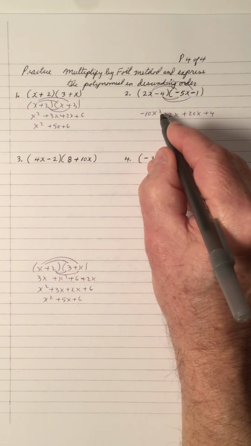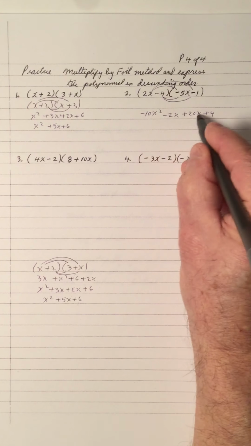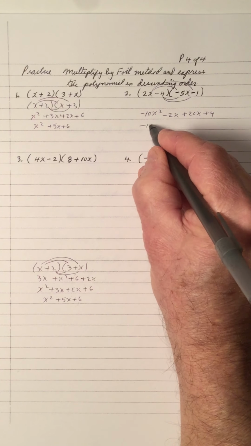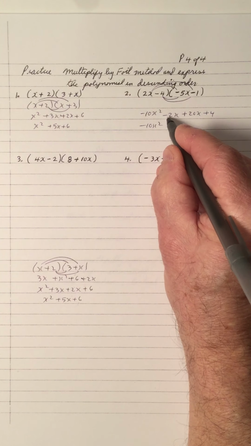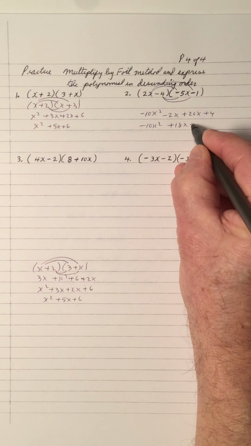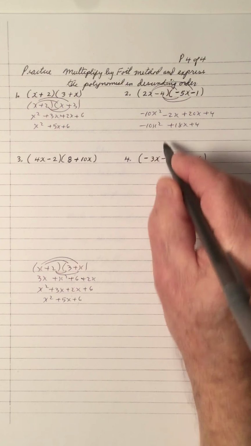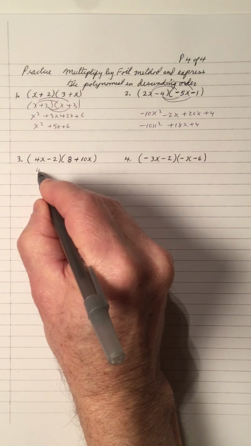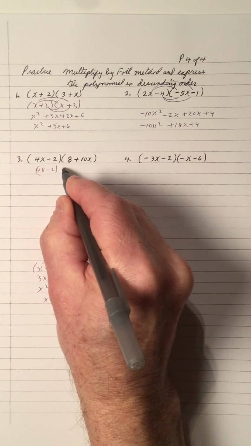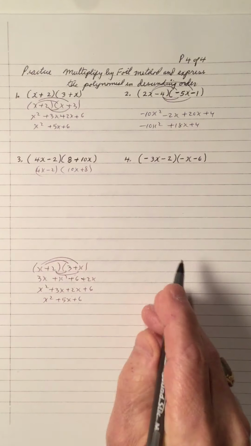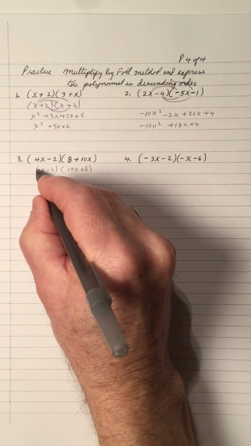And I have them in descending order already, because these are in order, so these are going to be negative 10x squared, and negative 2 plus 20 is 18, and plus 4. So I can only add these two. And descending order here again, so if you want to go 4x minus 2 and change this to 10x plus 8, now both of them are in descending order and everything should be okay.